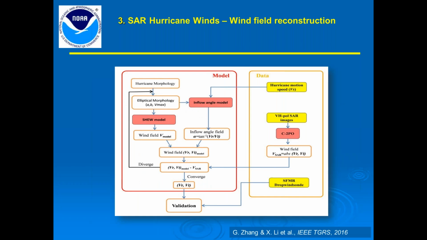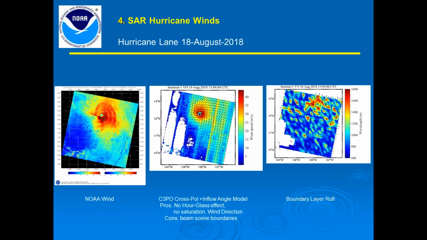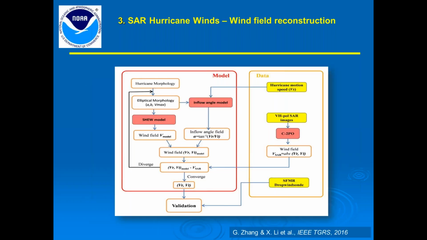And we look at the VH. This means that we send the radar signal in the horizontal direction, but receive it in the vertical direction. In this way, the signal is not saturated because you send and receive those signals in orthogonal directions.